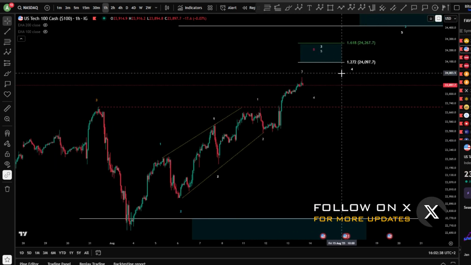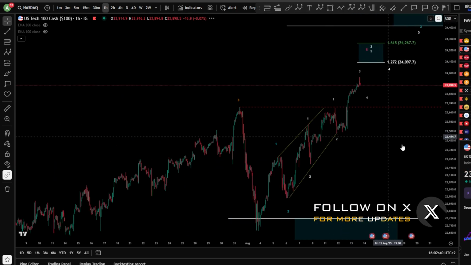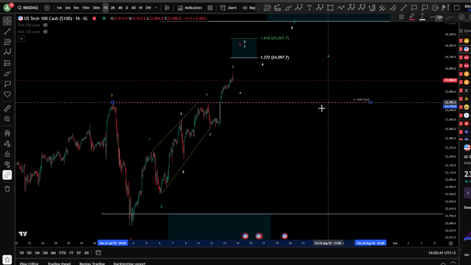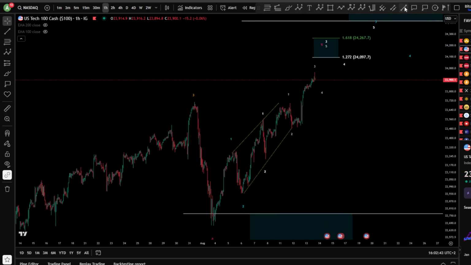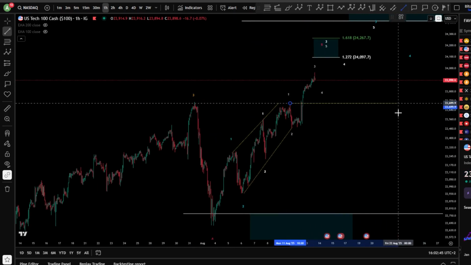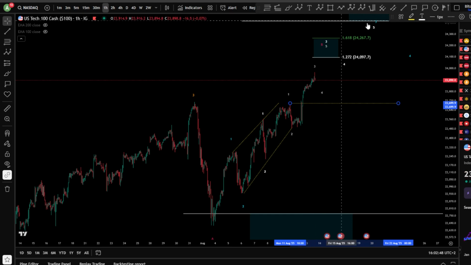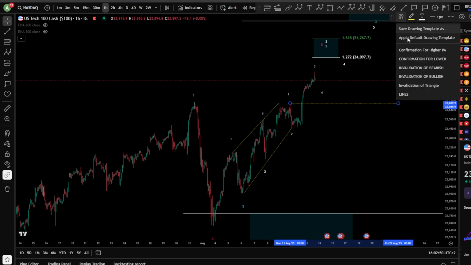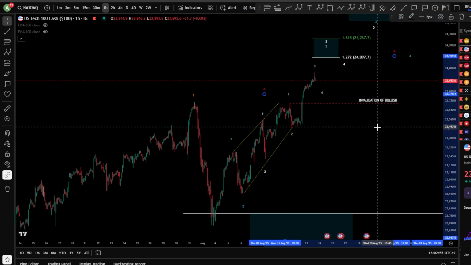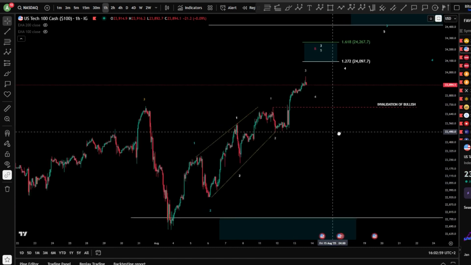It's very essential to note that you might have a kind of invalidation in case you hit this target. Because it's a combination of targets, it's a combination of invalidation of bullish. Why? I'm going to explain first internally.